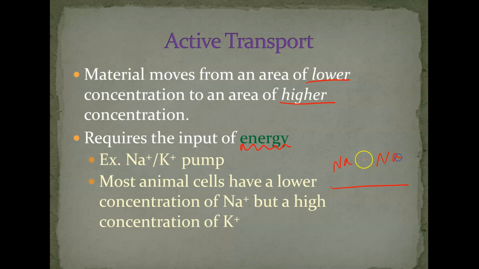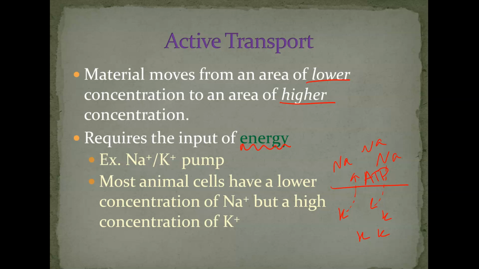So this is the outside, and this is our potassium. So we're going to pump ions across the concentration gradient. So our potassium is going to be pushed that way, and our sodium is going to be pushed this way. And again, we're going to need ATP in order for that to happen.